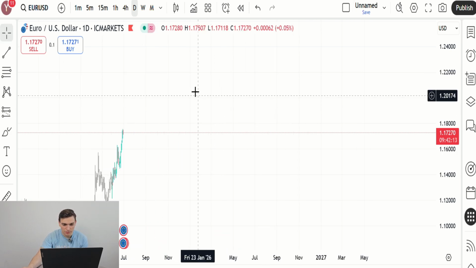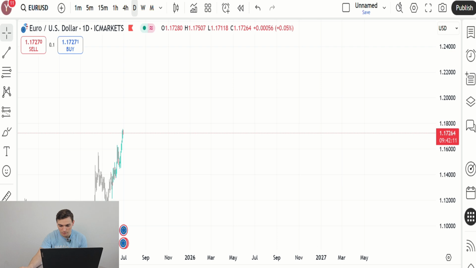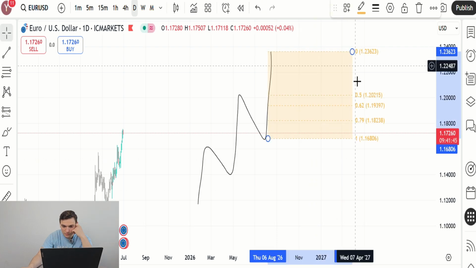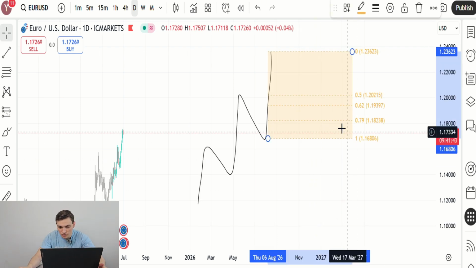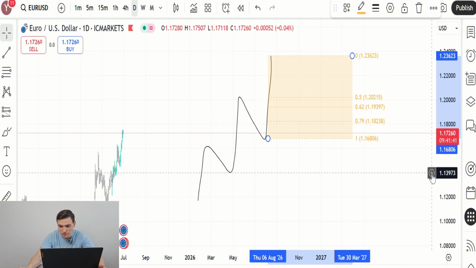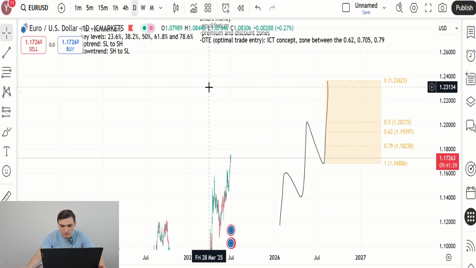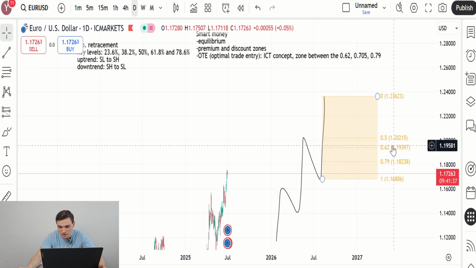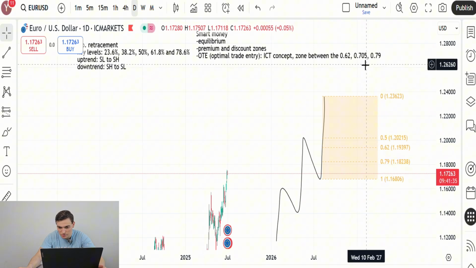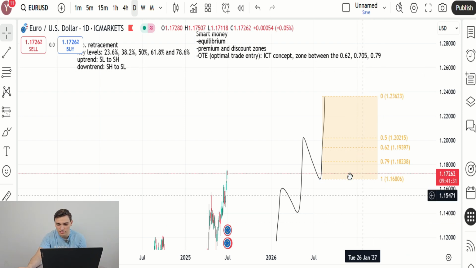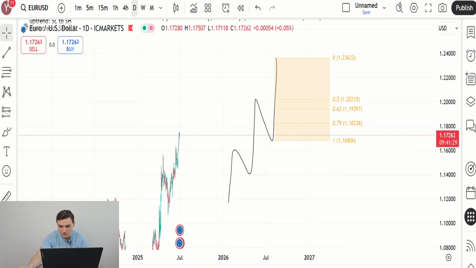And I'm gonna show you guys an example of this on the chart, but before that, the OTE, like I said, is the zone between the 0.62 and 0.79. I know that the 0.705 you cannot see on the chart. You can see it in MetaTrader 5.